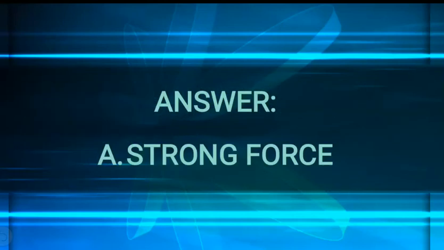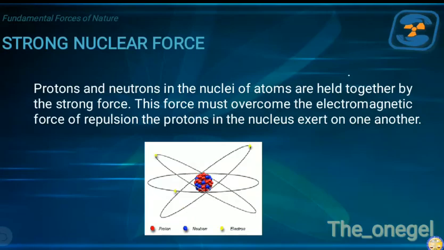It is the strong force. Protons and neutrons in the nuclei of an atom are held together by the strong force. This force must overcome the electromagnetic force of repulsion that the protons in the nucleus exert on one another. Remember again, based on the electromagnetic force, that like charges repel.